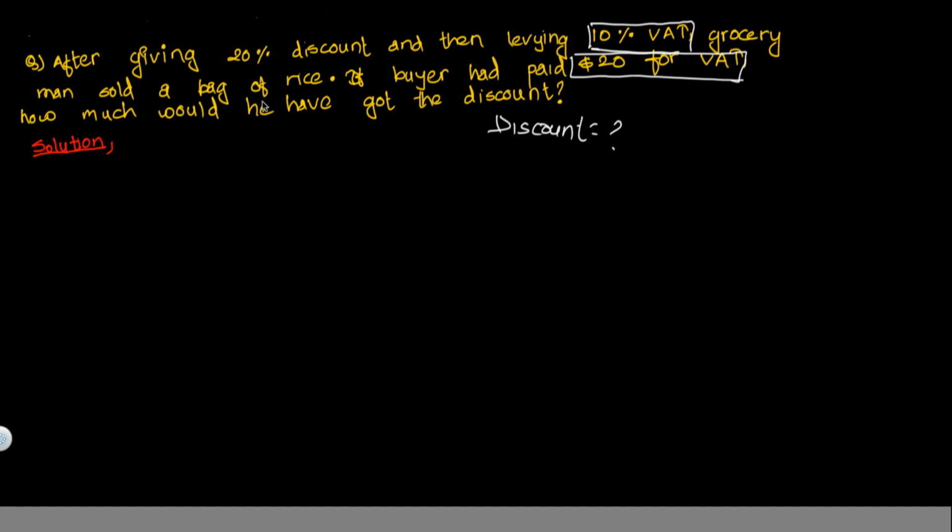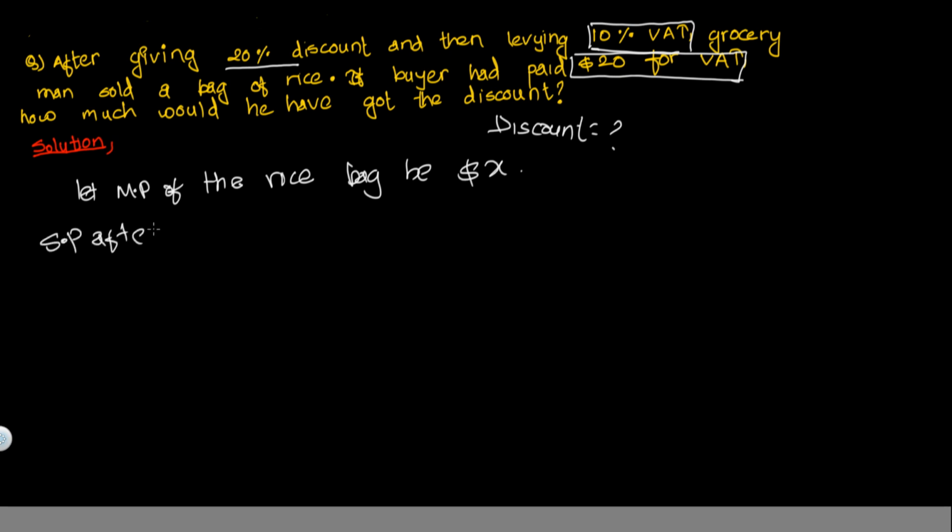Since 20% discount is given on the rice bag, let us assume the mark price of the rice bag to be $X. So we're gonna get SP after 20% discount, which would be MP minus 20% of MP.